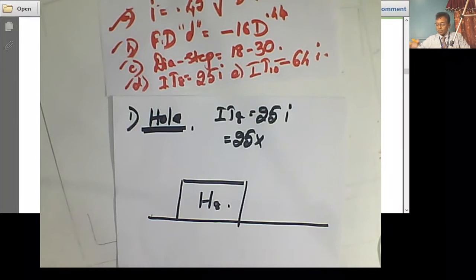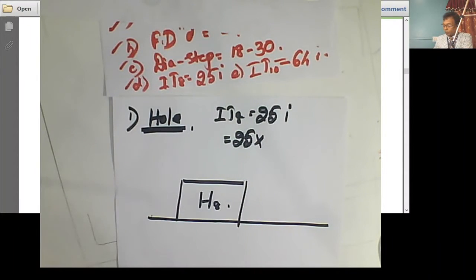Did anybody get how much this is? 0.45 into bracket 23.23 raised to 1/3, right? How much is this value?